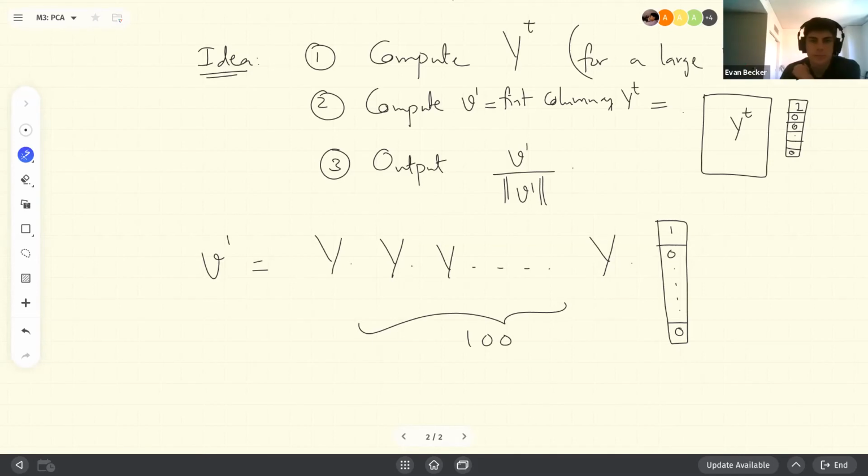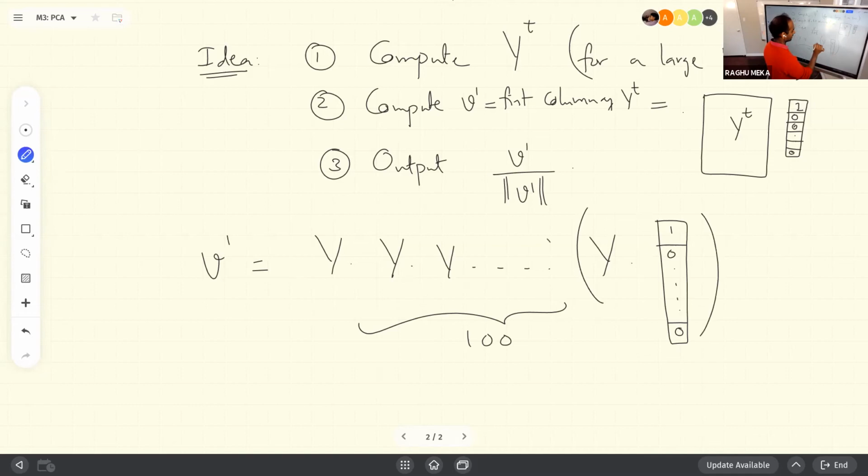Start from the right. Start from the right. Because you never have to multiply matrices if you start from the right. So what I'm going to do is to compute things like this. And that's basically the power iteration.